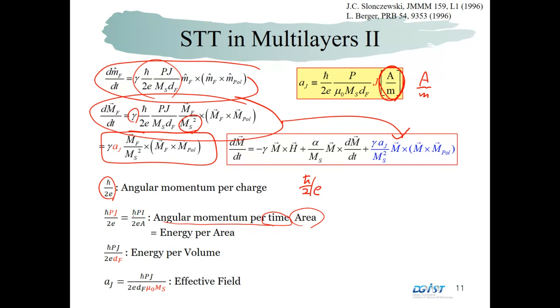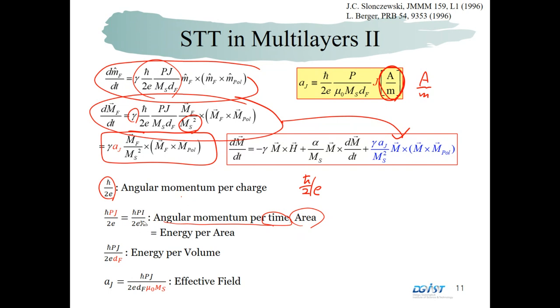Because if you rewrite J as I over A, and this current is nothing else but charge divided by time, so the number of charge is cancelled out.